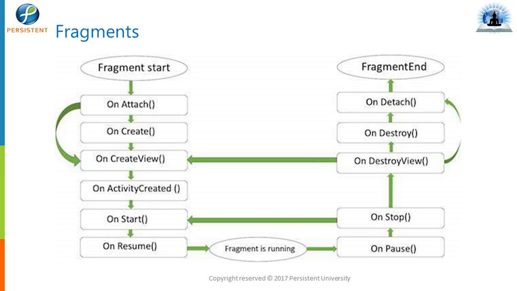To draw a UI for your fragment, you must return a view component from this method, that is the root of your fragment's layout. onActivityCreated is called after the onCreateView method when the host activity is created. Activity and fragment instances have been created as well as the view hierarchy of the activity. At this point, views can be accessed with the findViewById method.